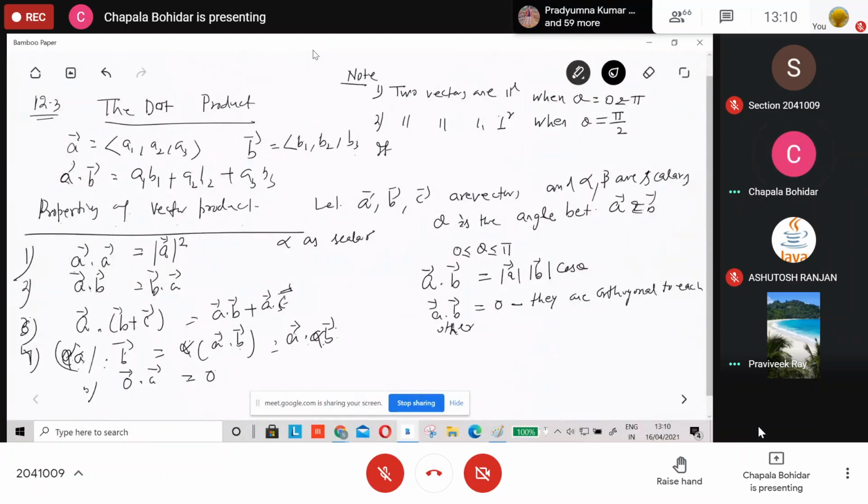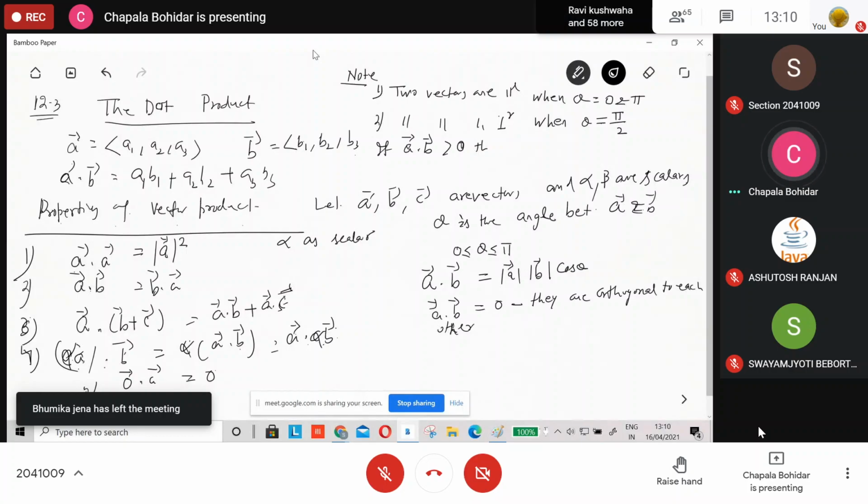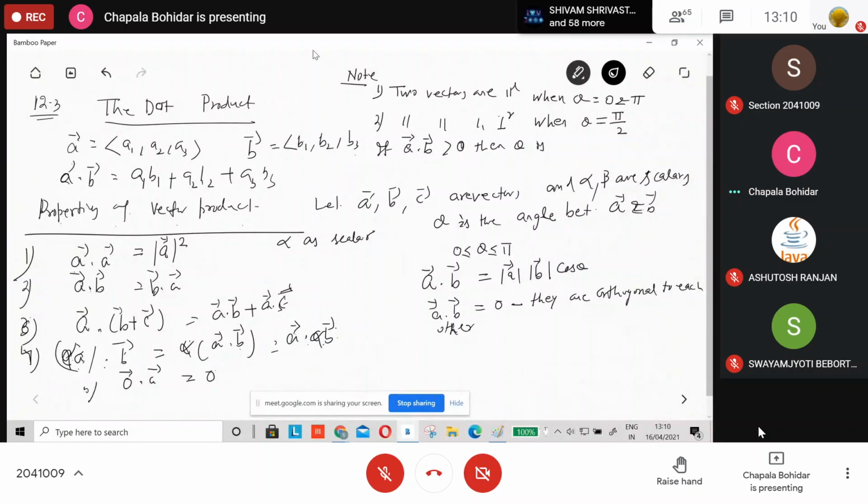Third point: if A dot B is greater than 0, the dot product, which is a scalar quantity, is greater than 0, then theta is, can anybody say? Acute.